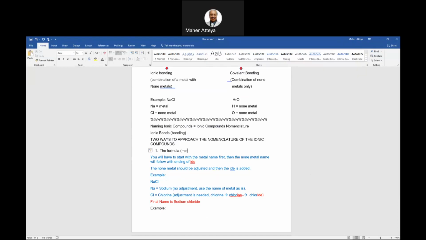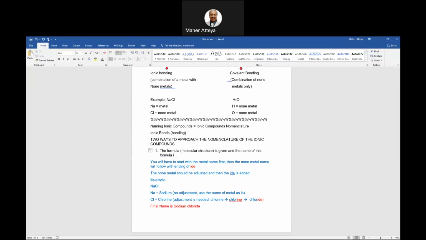The molecular structure is given, and the name of this formula is asked.